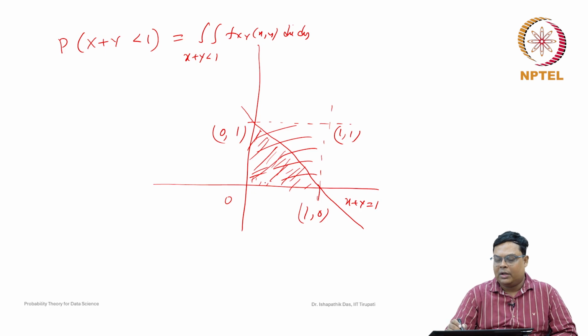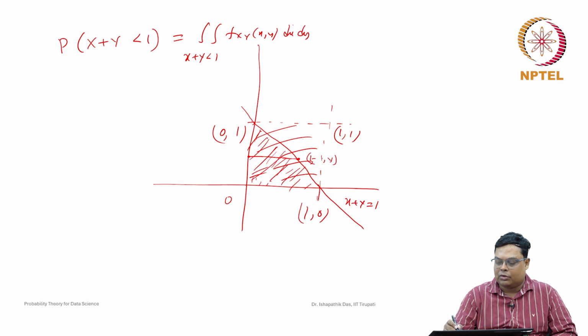So how will we do that? Whenever y is between 0 and 1, fixing any value of y, x does not go up to 1, it goes only up to a certain value. What is this value? It is given by the line x plus y equal to 1. For a fixed y, the x coordinate of this point will be 1 minus y, comma y.